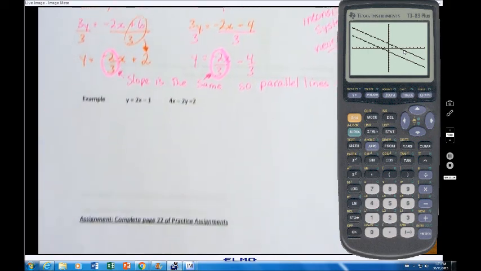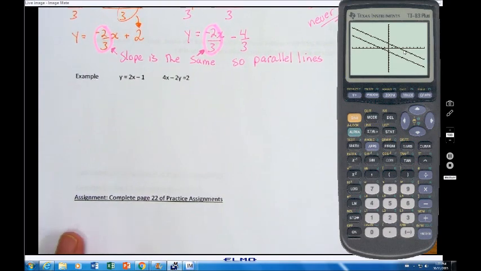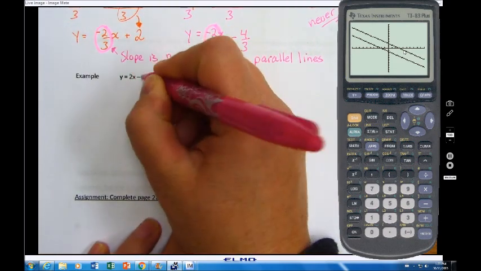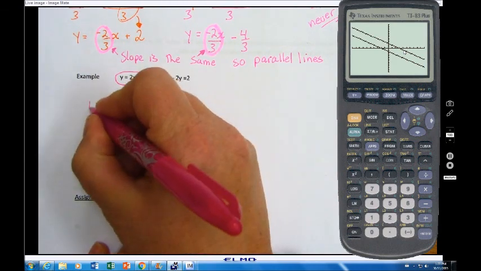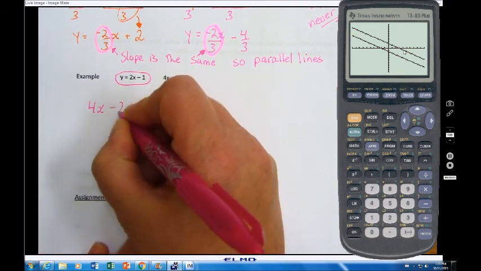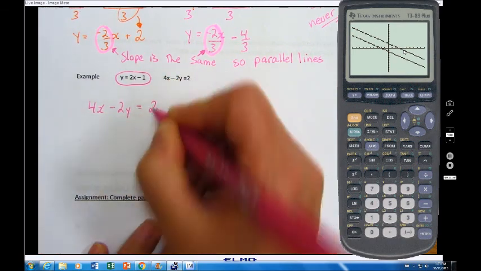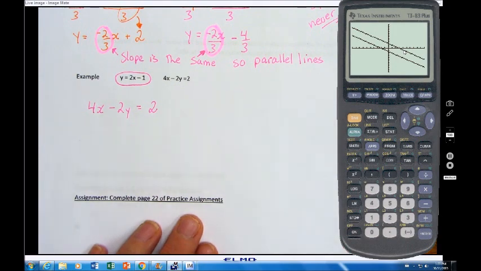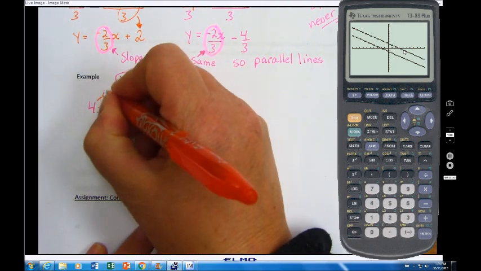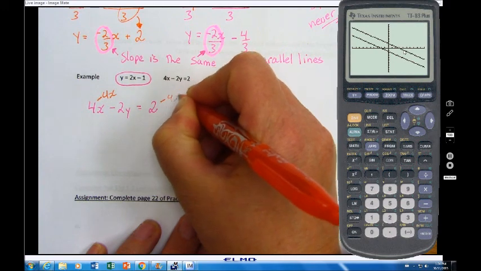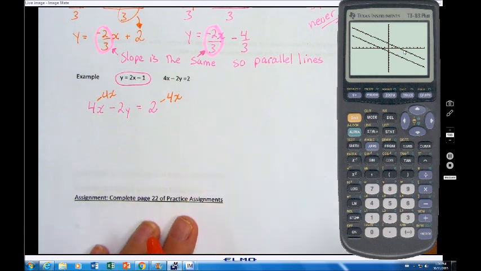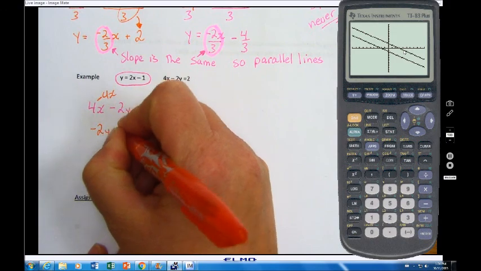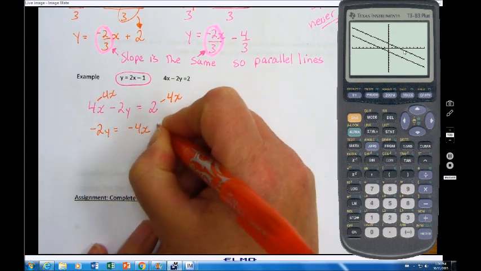Okay, so we'll look at the last example now. Notice that this equation's already y equals, so we just need to solve for this one. We have 4x minus 2y equals 2. So we're going to move our 4x over. And here I get negative 2y equals negative 4x plus 2.